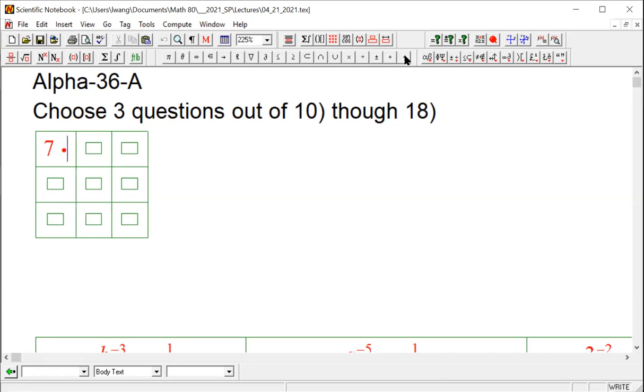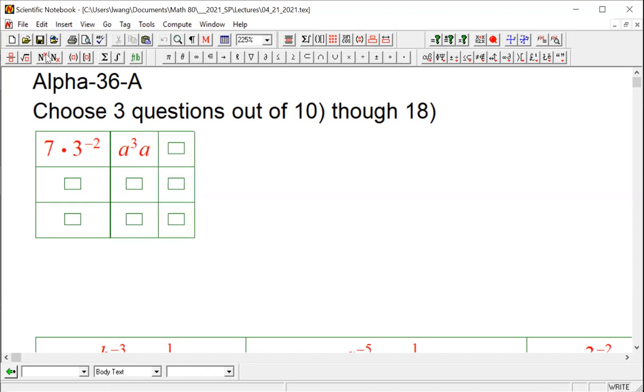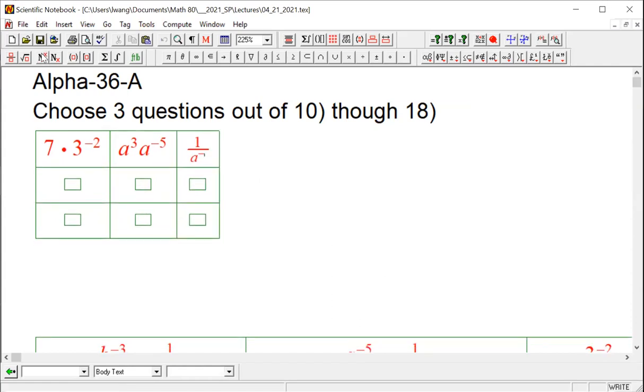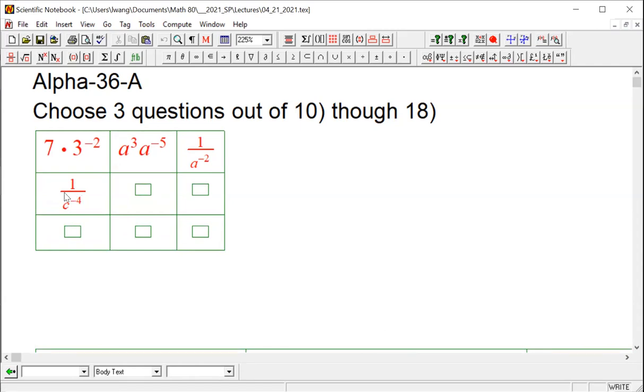So these are number 10, 11, 12: 7 times 3 to the power of -2, a to the power 3 times a to the power -5, 1 over a to the power -2, 1 over c to the power -4, b to the power 5 times b to the power -8.